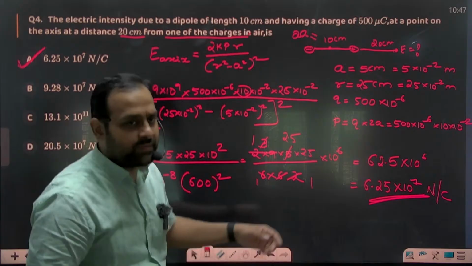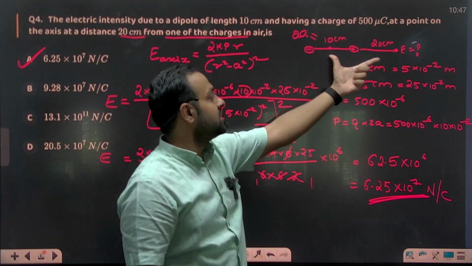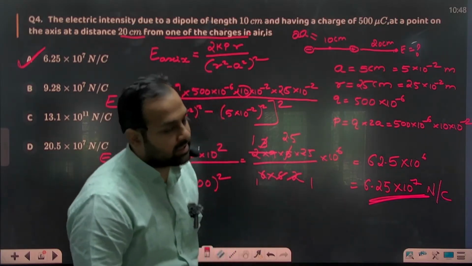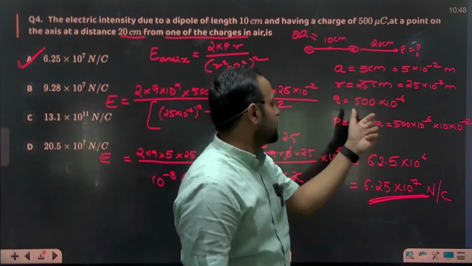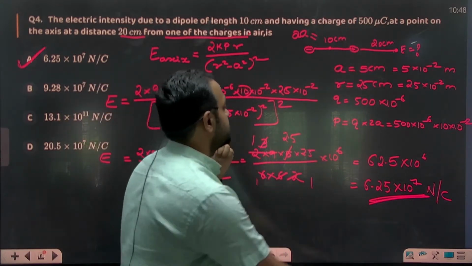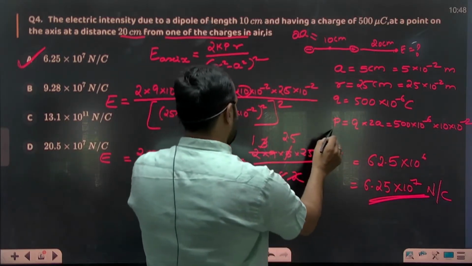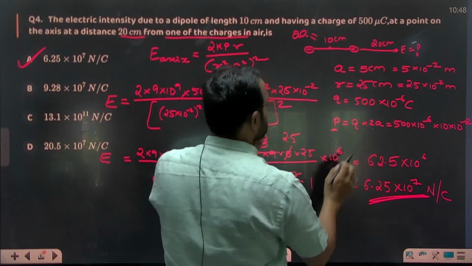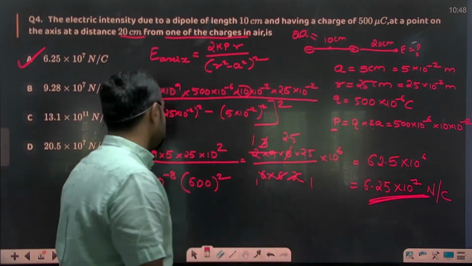R is measured from the center, so the distance becomes 20 plus 5, which is 25. Charge Q is given as 500 microcoulomb, that is 500 into 10 power minus 6 coulomb. The dipole moment P is Q into 2A, which is 500 into 10 power minus 6 into 10 into 10 power minus 2.